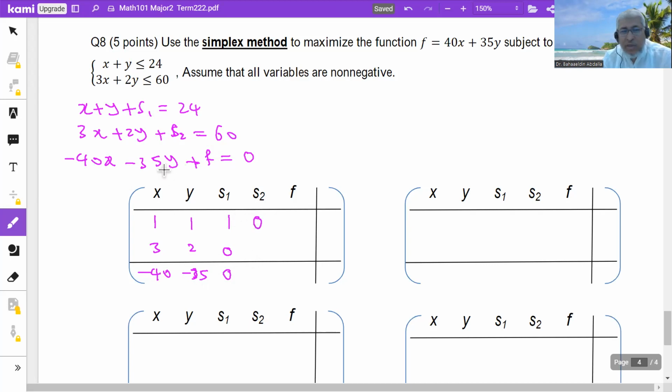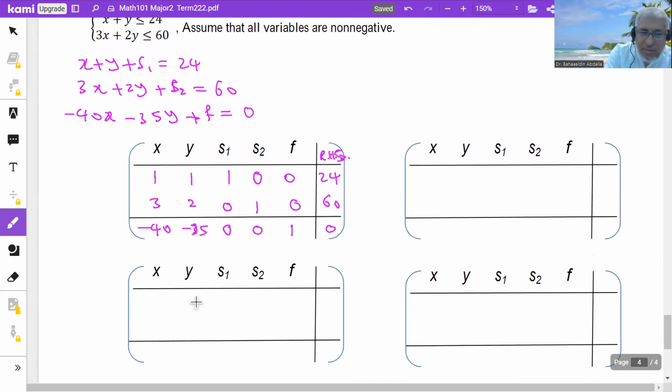S2 is not in the first equation, but its coefficient is 1 in the second equation, and there is no S2 in the objective equation. The coefficient of f is 1 in the last equation only. On the right-hand side we write 24, 60, and 0. So this is the initial Simplex tableau.